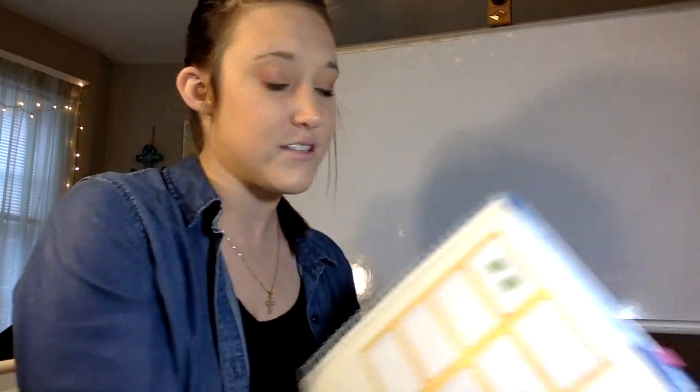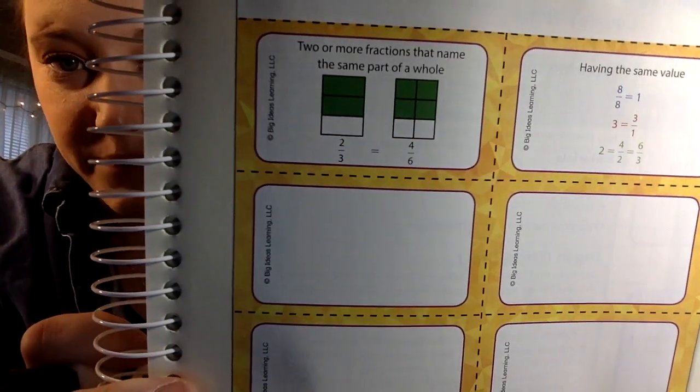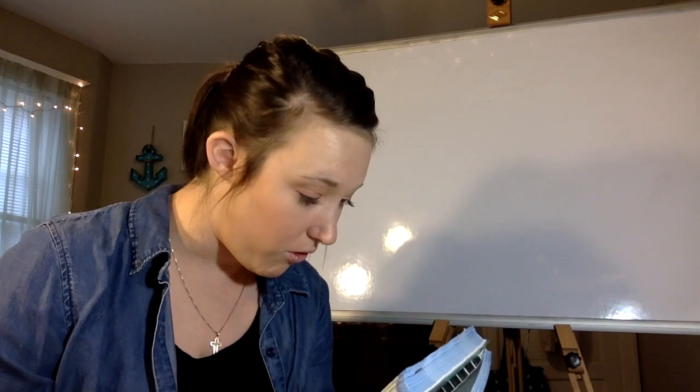So if you look at your cards, all right, and I'm looking at this card right there, the green one, where it says 2 or more fractions that name the same part of a whole.